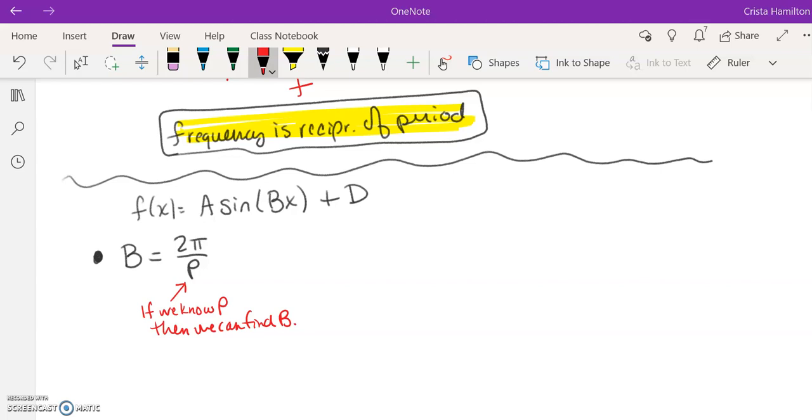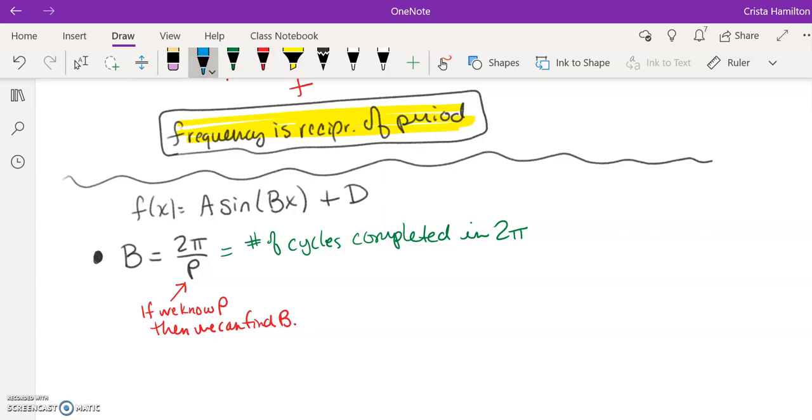Now notice that when you're taking your 2 pi radians and you're dividing by this new period p, whatever it is, what you're actually doing is calculating the number of cycles completed in 2 pi. And so let's do a couple of examples and see what I mean by this.